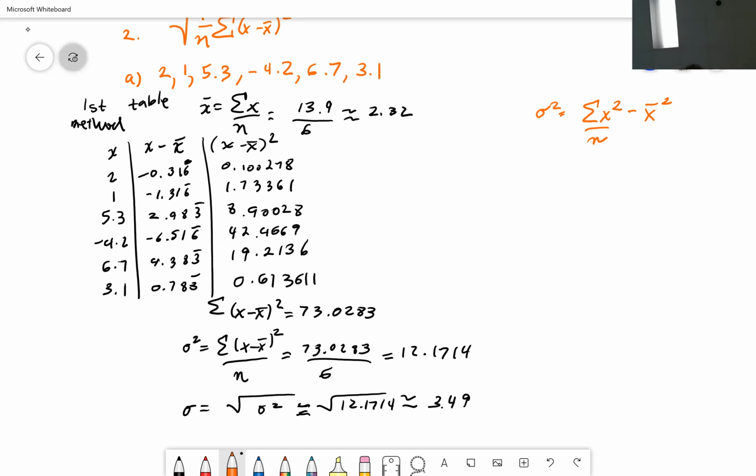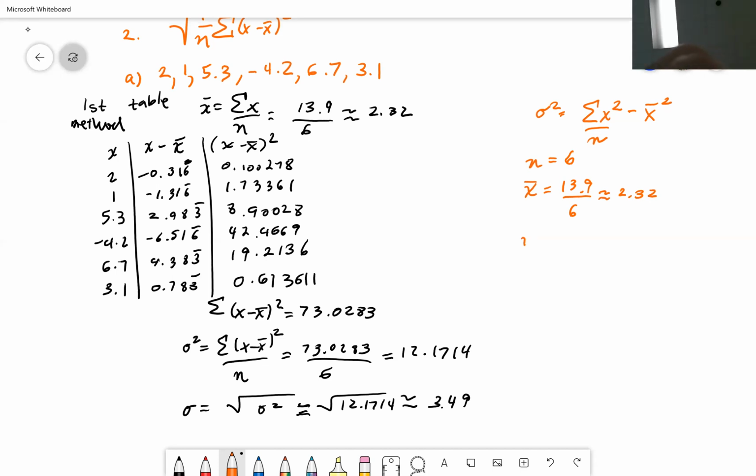I think I derived this for you last time. And so what you need to do is you need three things. You need to know n, which you do, which is 6. You need to know your mean, which we do, but unfortunately, we have a rounded version of it. So what you should do for your mean is keep it like this, 13.9 divided by 6, because for calculation purposes, we don't want to use 2.32.